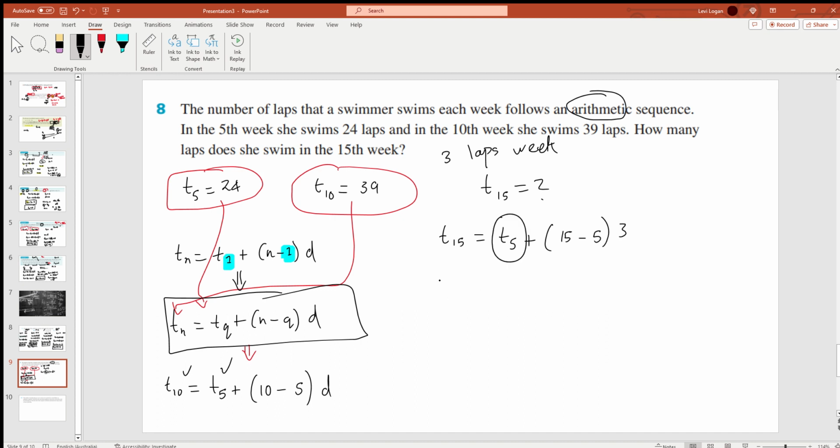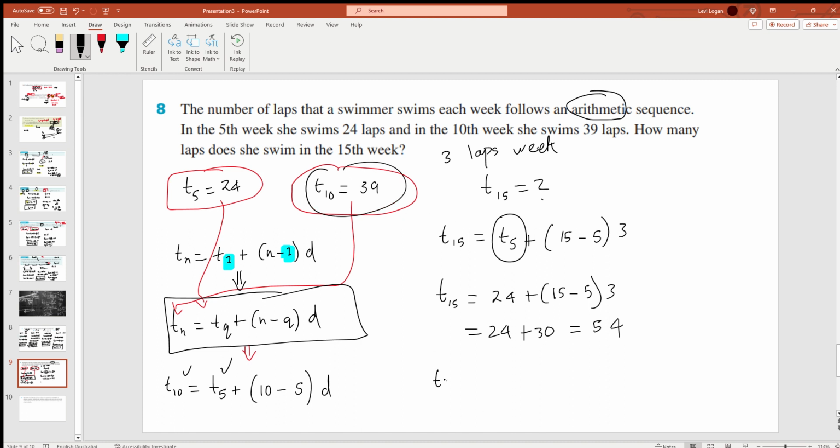We know what this is, but we don't know what T of 15 is because that's what we're trying to find out. So we get 24 plus 15 minus 5 times by 3. So 24, this is going to be 10, so plus 30 gives me 54. And it can work if I use T of 10 as well.